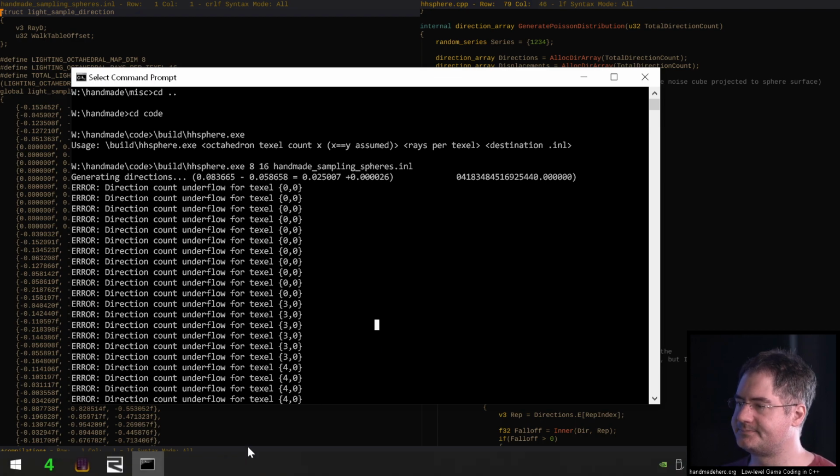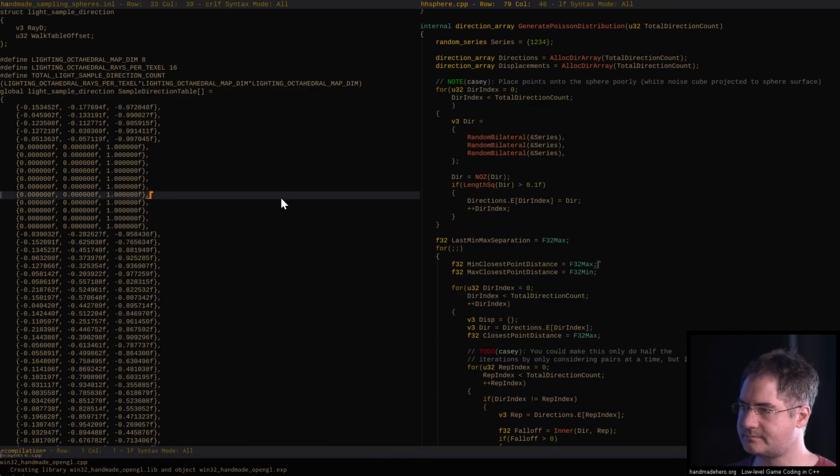Okay, so I guess what I would say here is I do think we may have to change the way this is working. So I might not bother debugging this part, because when I think about the fact that the octahedral map is by definition a warp of the sphere, then to me that suggests I'm not going to get a choice.